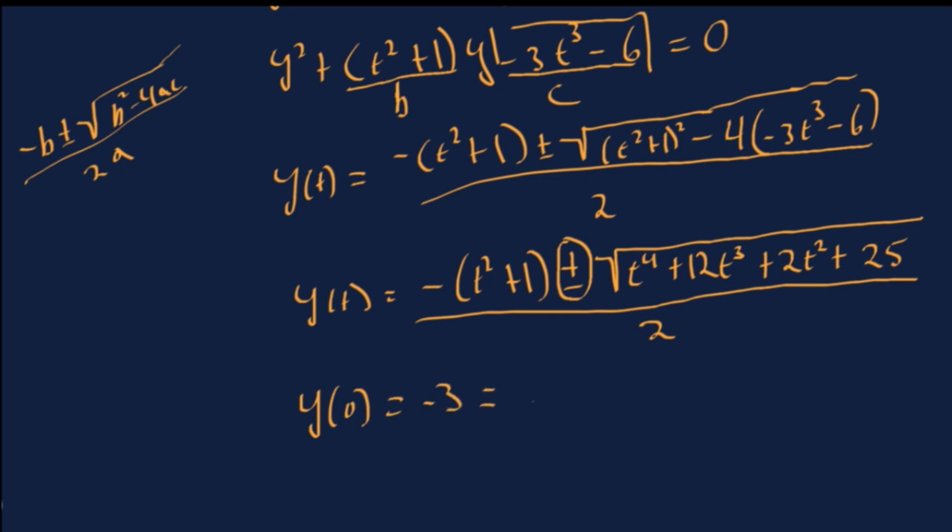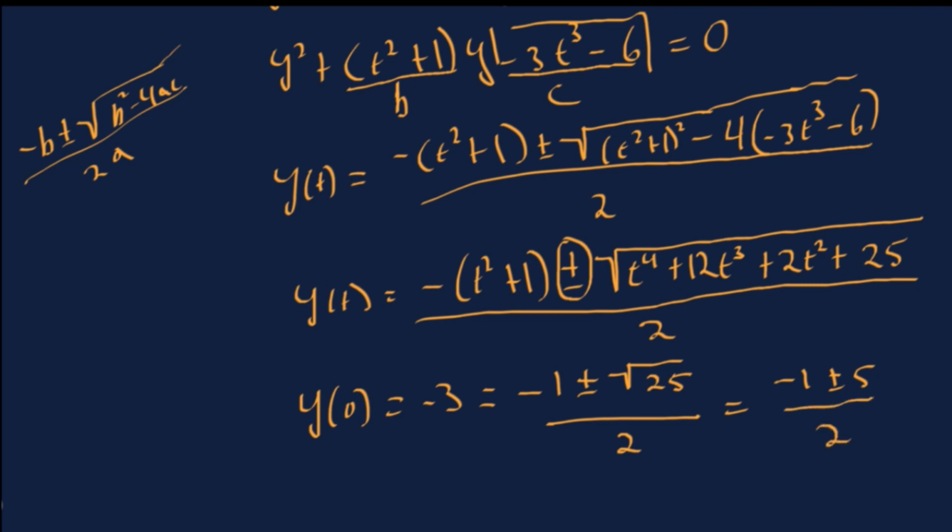So when we plug that in, we get negative 1 plus or minus the square root of 25 over 2, which is equal to negative 1 plus or minus 5 over 2.